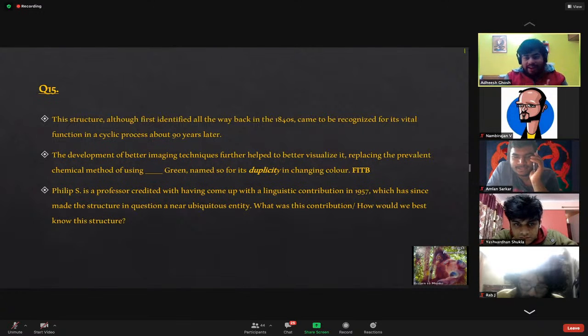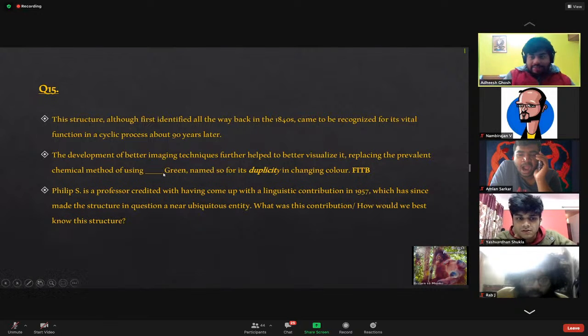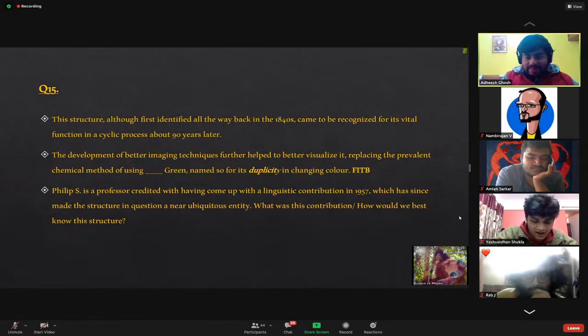As I gave a hint, this broader group or idea of entities is something that science borrows a lot of names from. All fields of science, you might say, not just biology. Secondly, this Professor Philip S. came up with a linguistic contribution which made the structure almost ubiquitous across the world, which means almost everyone knows about it. As a final hint, I had said, even if you think you don't know much about biology, this is something you most definitely know. So try and think of that, right?